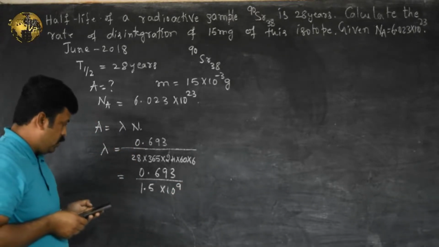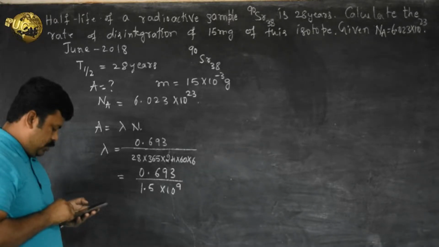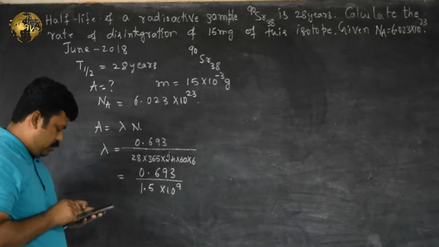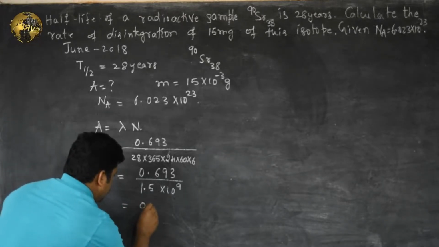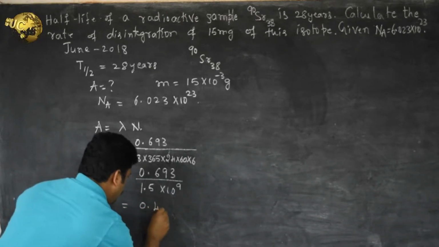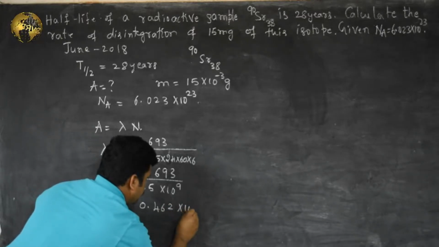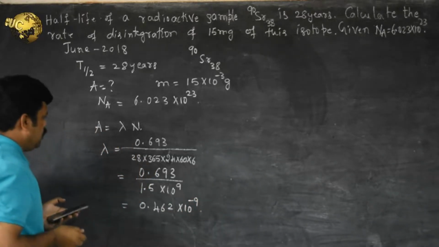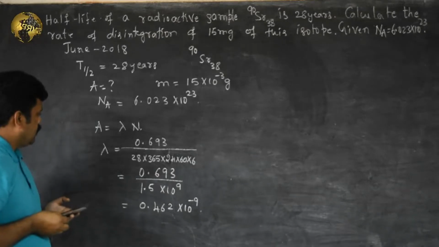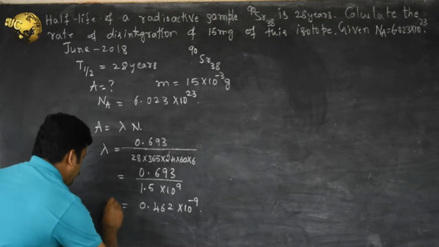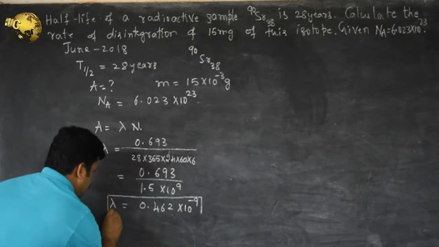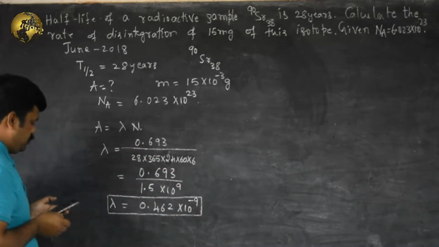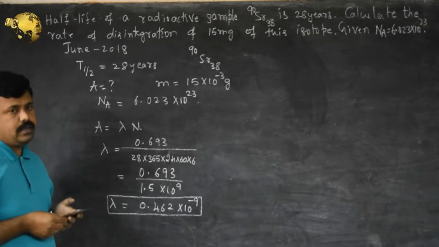So 0.693 divided by 1.5 comes out to be 0.462 into 10 to the power minus 9. So we got the value of lambda as 0.462 into 10 to the power minus 9.